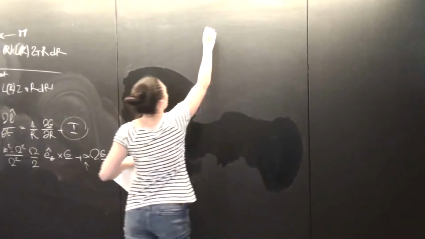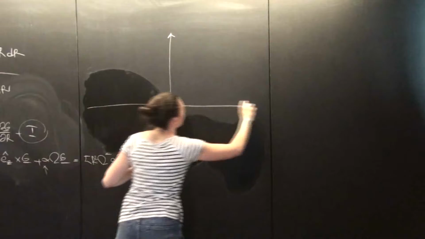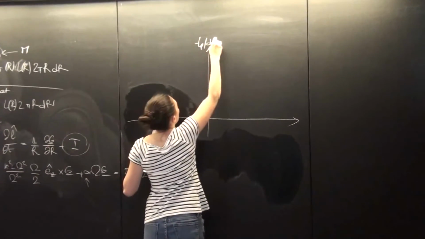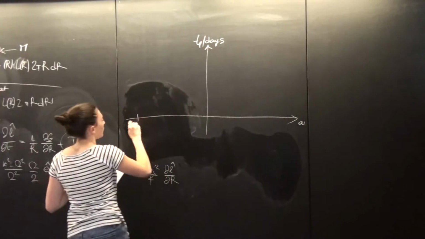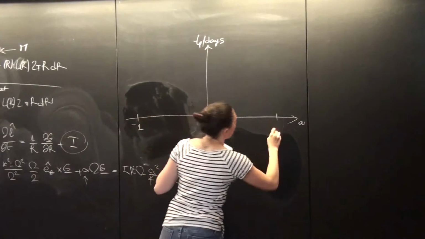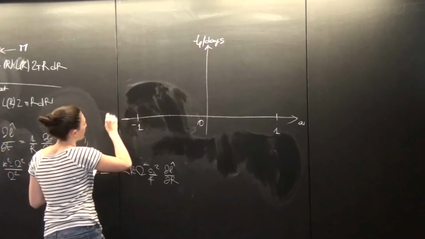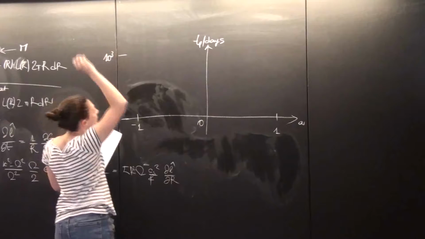And the result is, if I draw the precession period in days as a function of the black hole spin for both prograde and retrograde orbits. So here we have 1 day, and up here we have 10 to the 3 days.